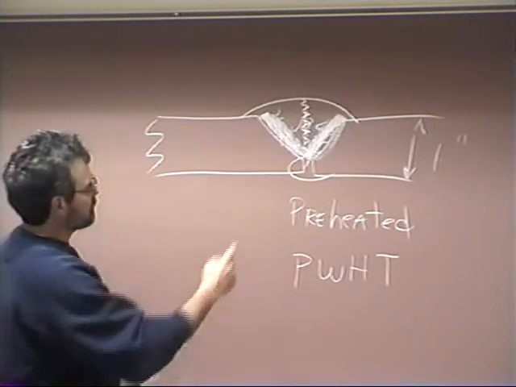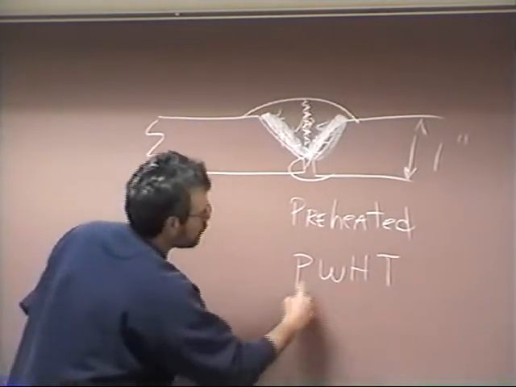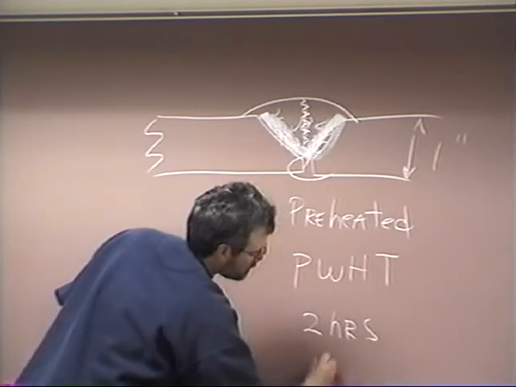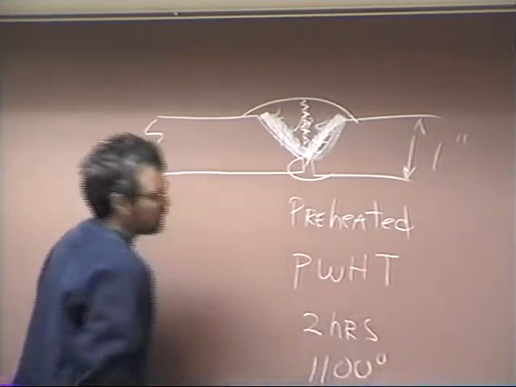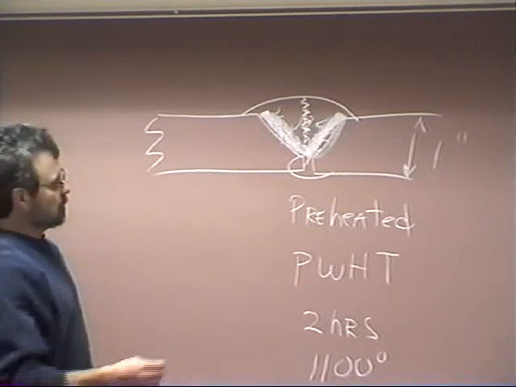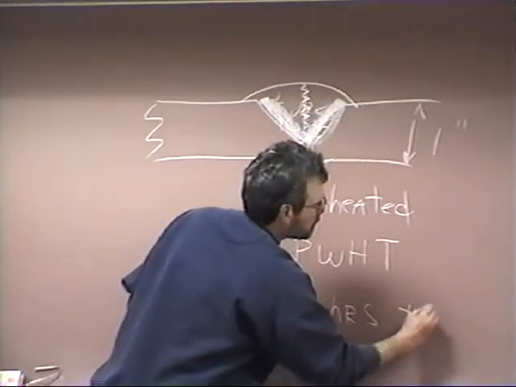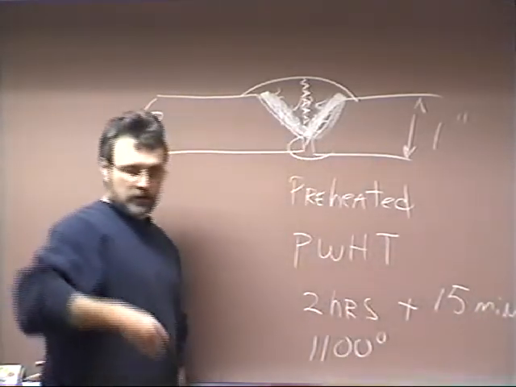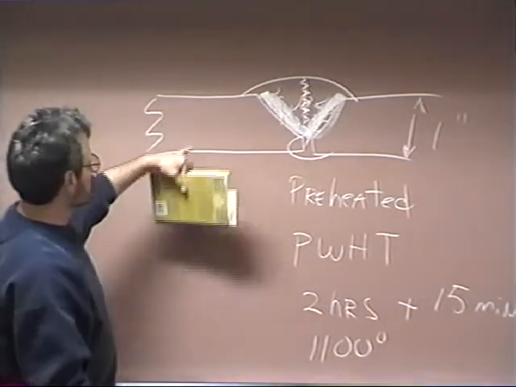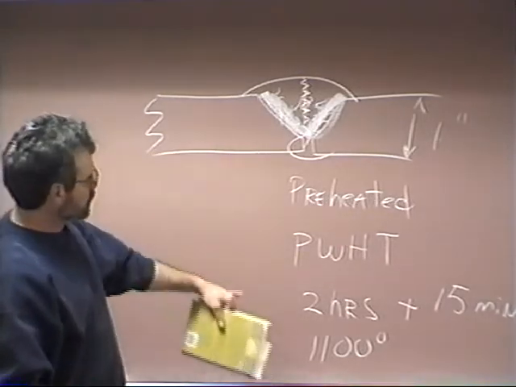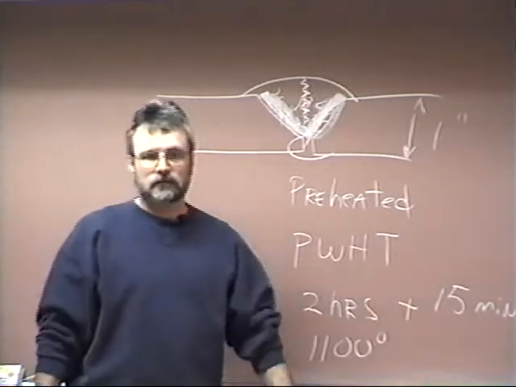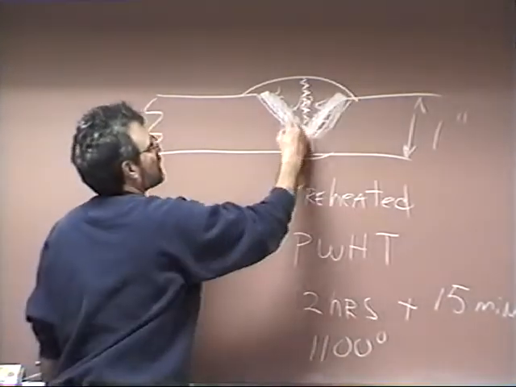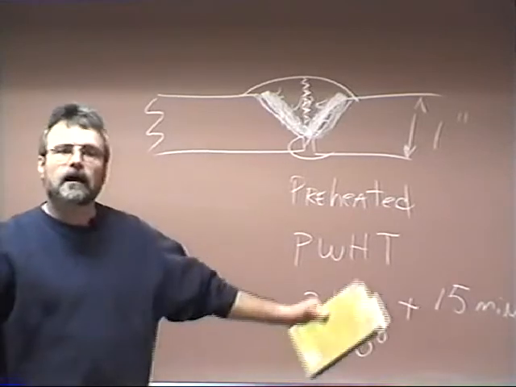And the code says that for something that's 1 inch thick, you're going to post-weld heat treat it for 2 hours at approximately 1100 degrees per inch. And then after that, it would be 15 minutes per each subsequent inch. So if this was 3 inches thick, we'd actually have to post-weld heat treat it for 2.5 hours to relieve the stresses, allow that hydrogen to precipitate out, allow those stresses to relax.